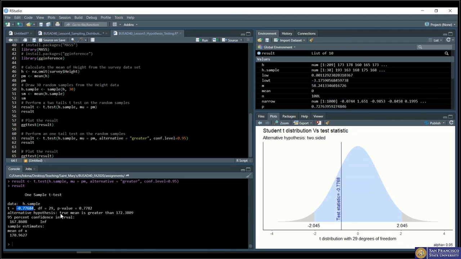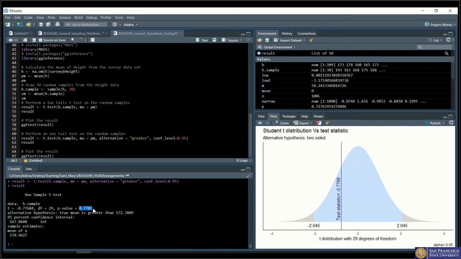But the null hypothesis is different, because the alternative says the mean is greater than this value, 172, which is the population mean. So again, the chance that we can reject the null hypothesis is so low, right?